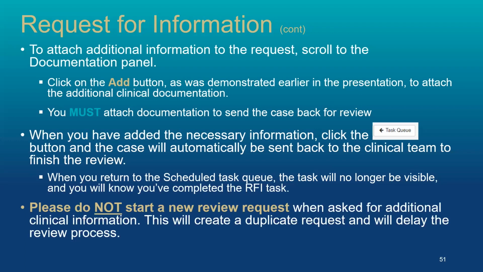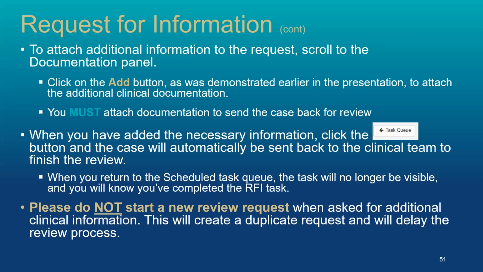Because the only way to send that case back to us is to start the RFI task and attach a document to it. Once you've done that, then it will send back to us. So even if there is no other information to send us, just attach a Word document that tells us that. So then the reviewer knows they can continue with the review.